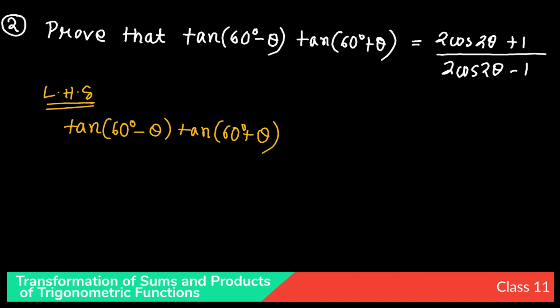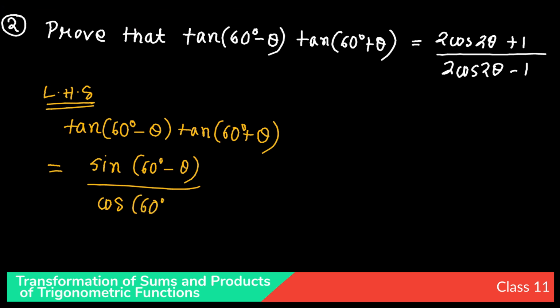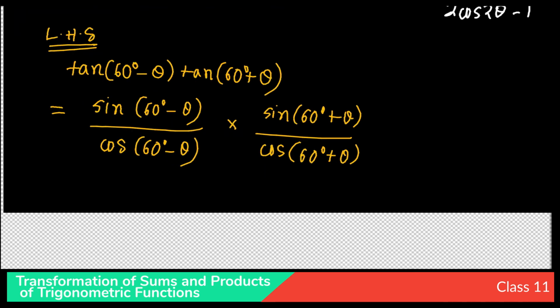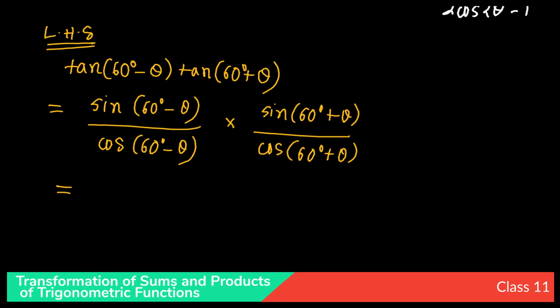Now we break this tan as sine by cos. So what will we get? It is sine of 60 degree minus theta by cos of 60 degree minus theta into sine of 60 degree plus theta by cos of 60 degree plus theta. Okay, now here we will do a thing, that is multiply and divide both.